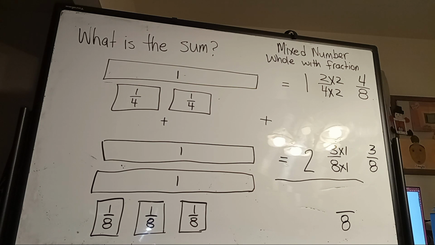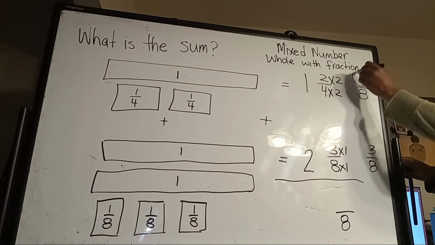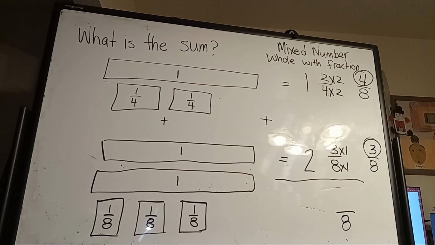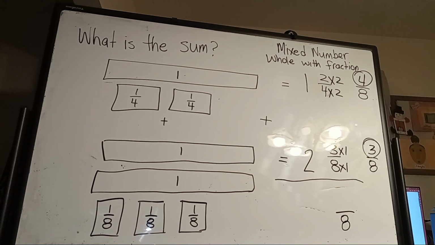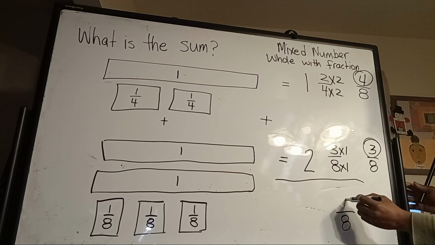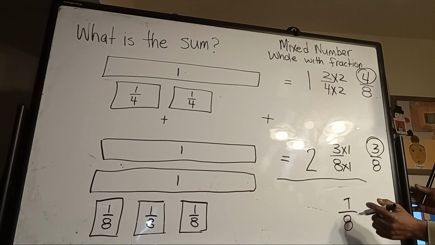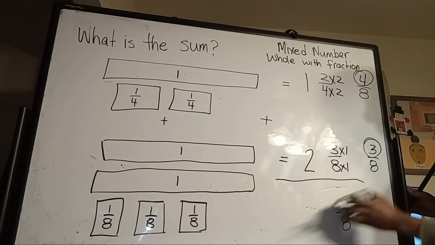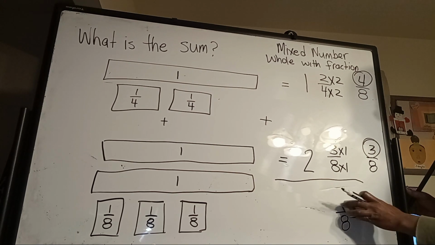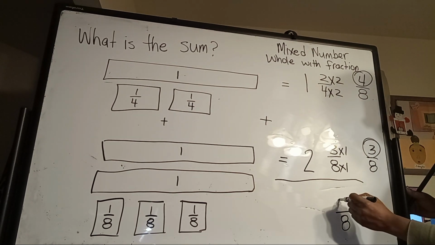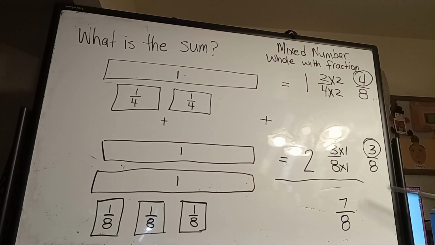Now, if you've been watching my videos, all we need to do is circle our numerator, which is our top number. That number sentence says 4 plus 3. Exactly. And how much is that? 7. Exactly. Good job. So now we have a fraction of 7/8. Let me write that a little better, guys and gals. All right, so we have a fraction of 7/8.